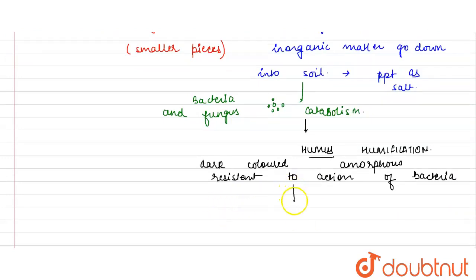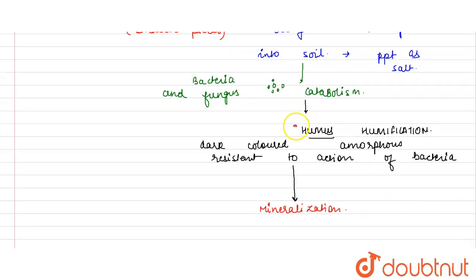And the final step, when it decomposes, is called mineralization. The humus is also available for the plants as a source of nutrients, and the minerals that get dissolved in the soil are also available for the plants.